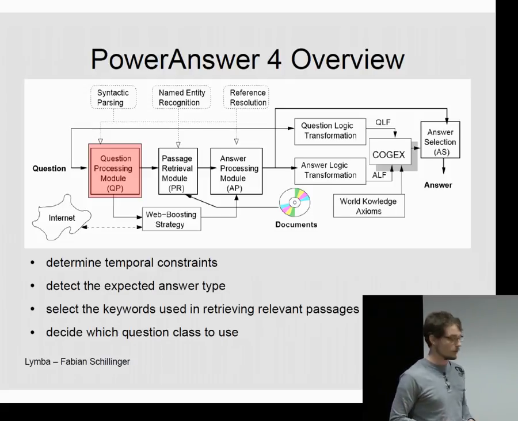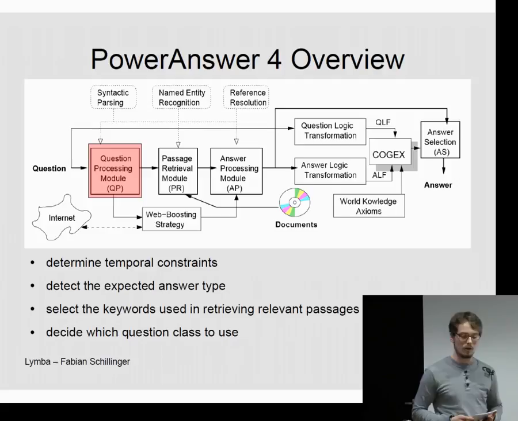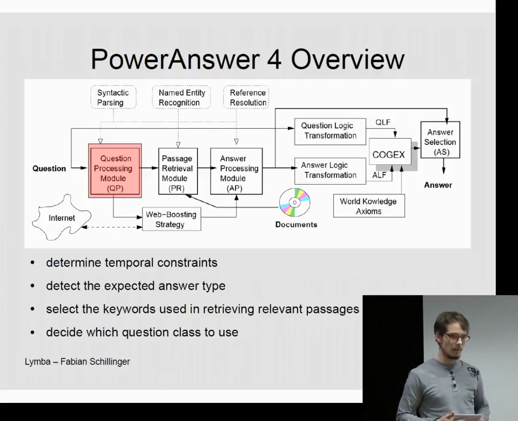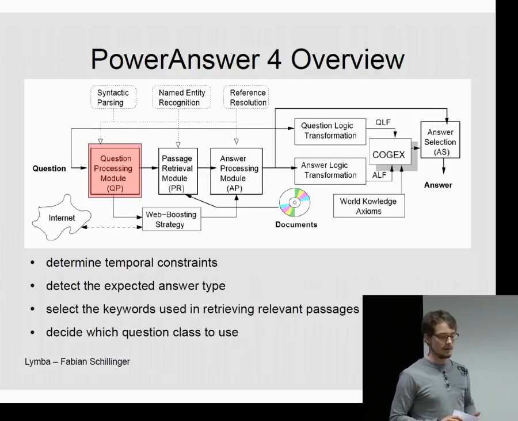The question processing module, which is highlighted here, is used to determine temporal constraints. They used a concept tagger module, which I will explain later. It is used to detect the expected answer type.